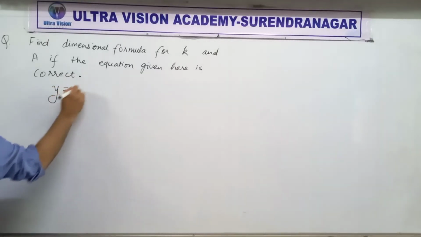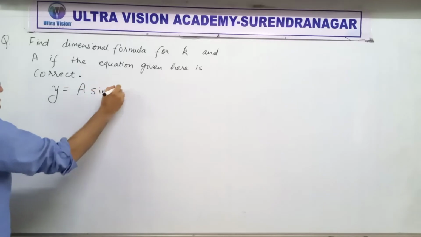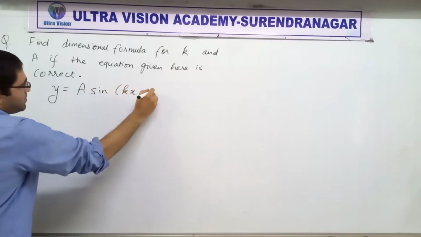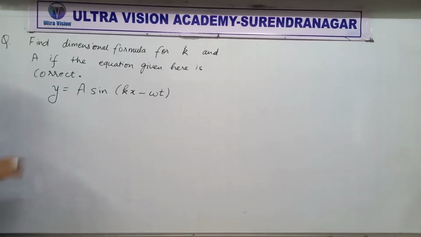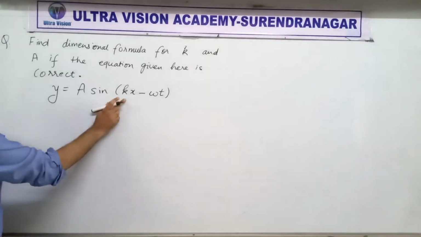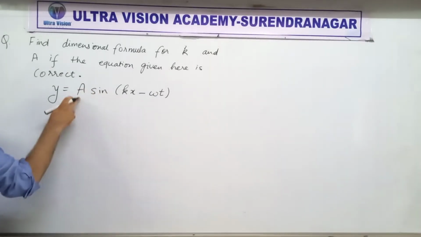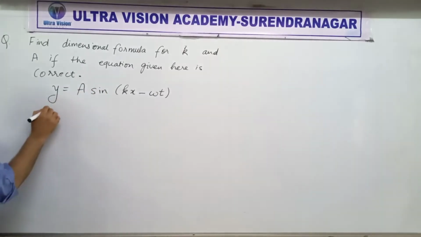So y is equal to, the equation is as follows, right? This is the equation given to you. Based on this we have to find the dimensional formula for K and the dimensional formula for A. Now what are the terms?